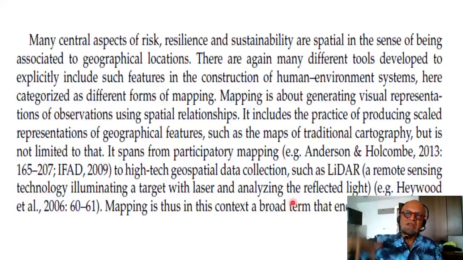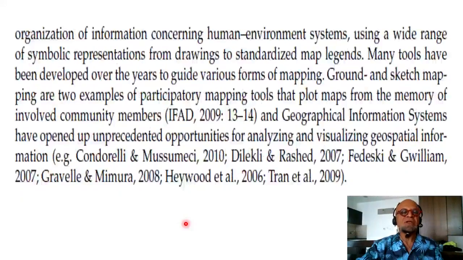So you could be looking at elevation changes, vegetation changes, and so on and so forth. So mapping is thus, in this context, a broad term that encompasses all spatial organization of information concerning human environment systems, using a wide range of symbolic representations from drawings to standardized map legends.